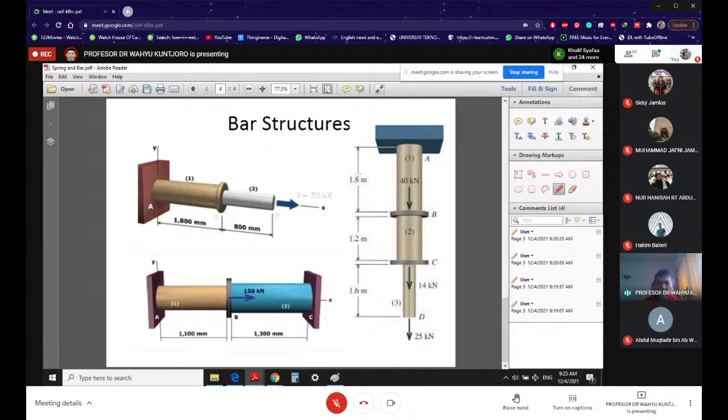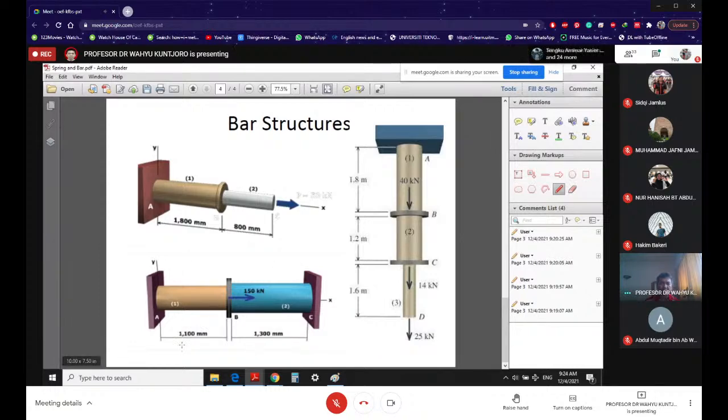One here with its length, the component at the middle with its length as well, and also the element at the end. You can observe that the cross section of the element at the end is not the same as the others. I'm not sure whether elements 1 and 2 have the same cross section.